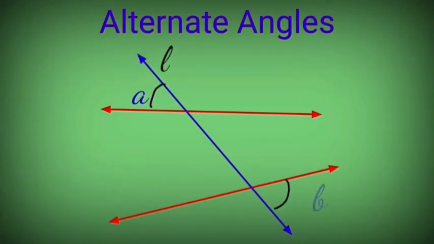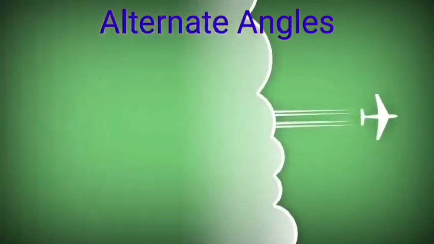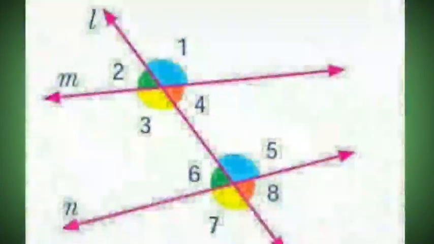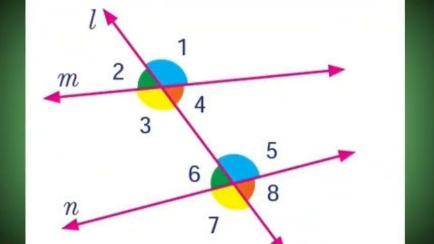These angles are also alternate exterior angles. Here you can see all the interior and exterior alternate angles and corresponding angles together.